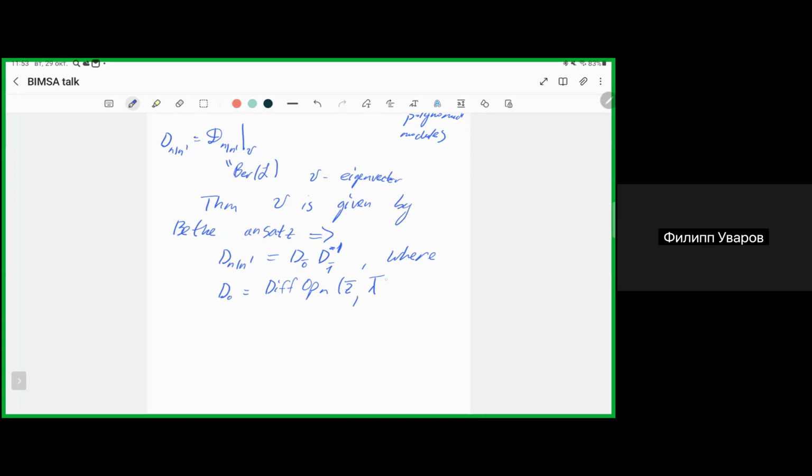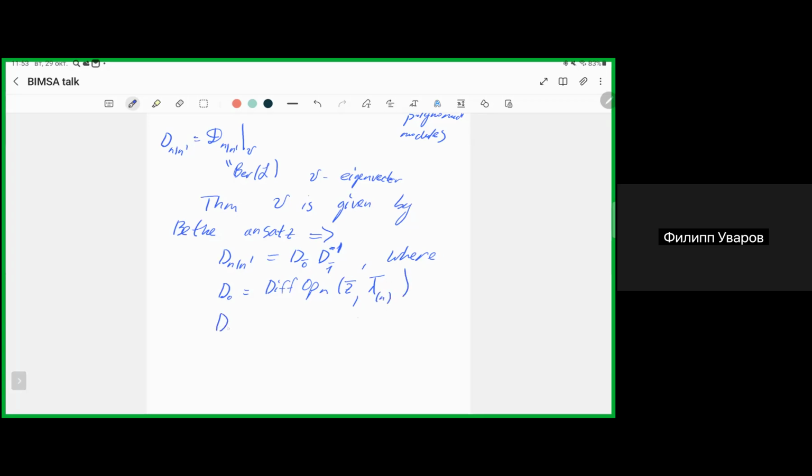But here I need to specify. So this corresponds to lambda n. This is some part of lambda.